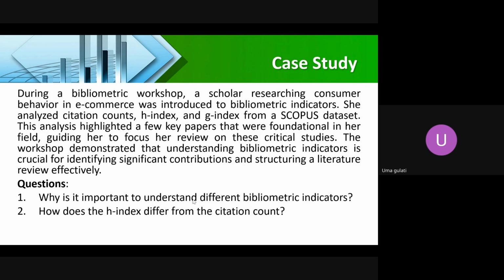H-index is all about the author's metric related to productivity, as well as citation impact. Right. And citation count is? Ma'am, number of times a paper has been cited. Yes. Very right.